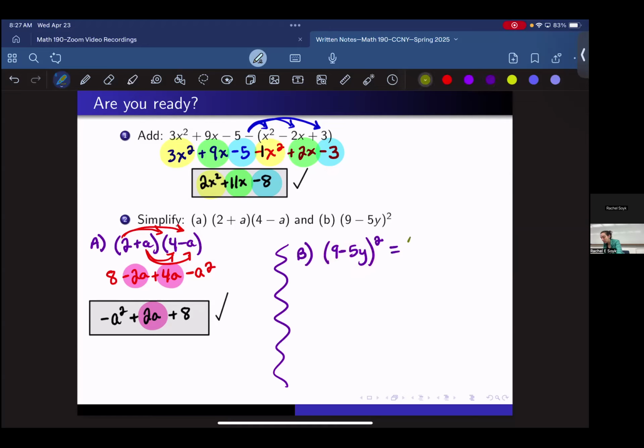The best way to do that is to write out that binomial, because the exponent tells us how many times we are writing it out and then multiplying them by one another. Once it's in this expanded form, then we can utilize our fancy distributive property to really FOIL everything out.